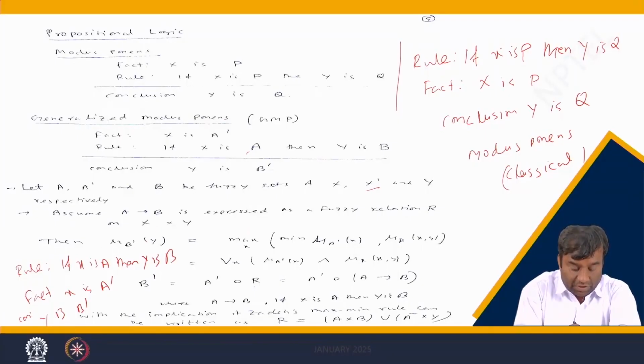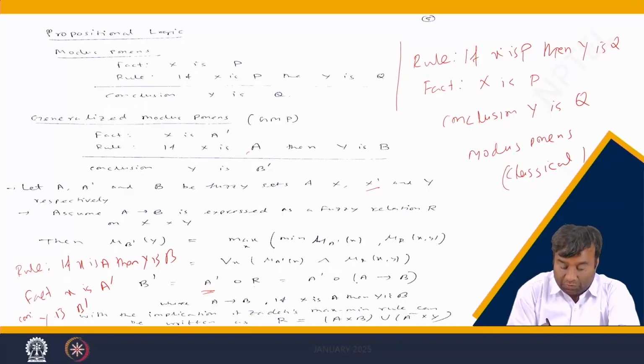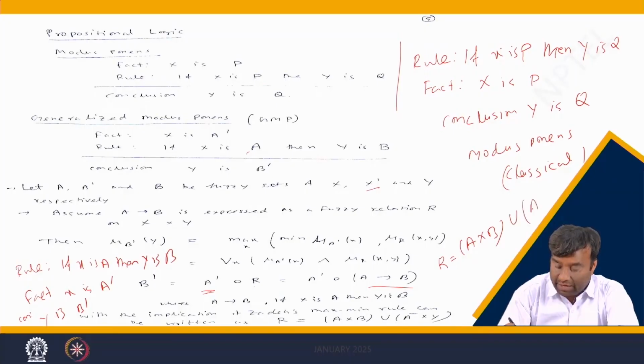Then the value of mu B dash of y, the output value, is the max-min composition. This is A dash composed with R, that is A dash composed with A implies B, where A implies B, if x is A then y is B, with the implication of max-min rule. It can be written as R, that is simply A cross B union A complement cross Y, where every membership value of Y is 1. You have studied these things in module 2.